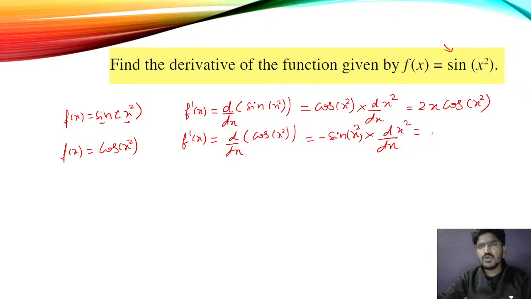So that is going to be 2x. So this minus sign stays as it is: minus 2x sin of x square is going to be the correct answer for f of x equals cos x square.